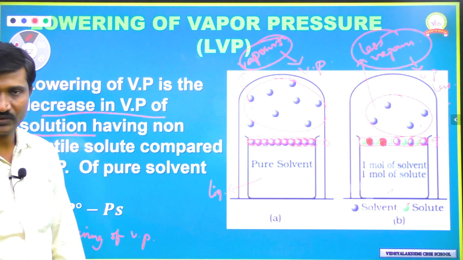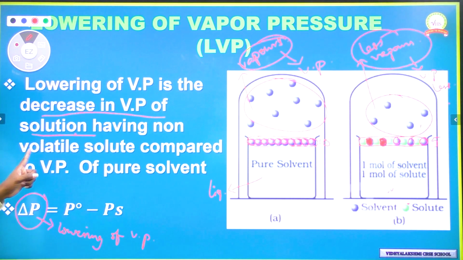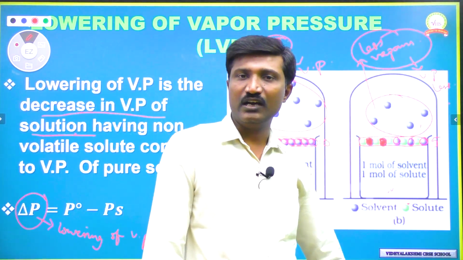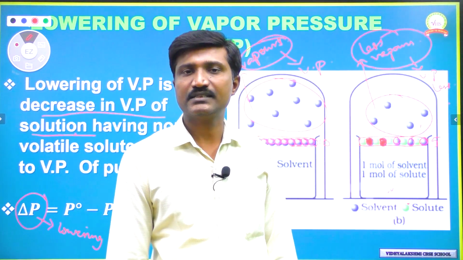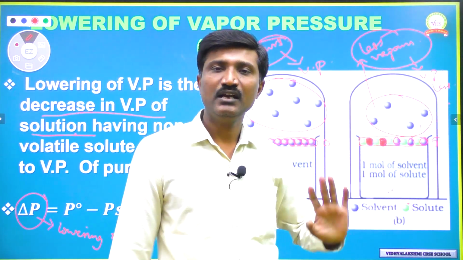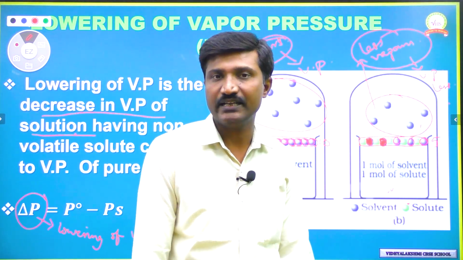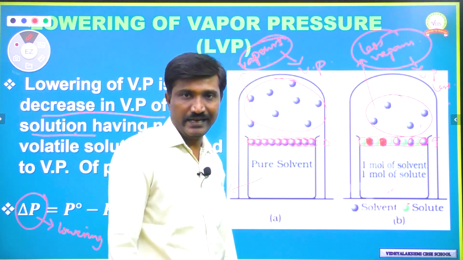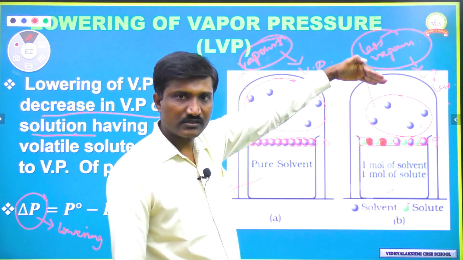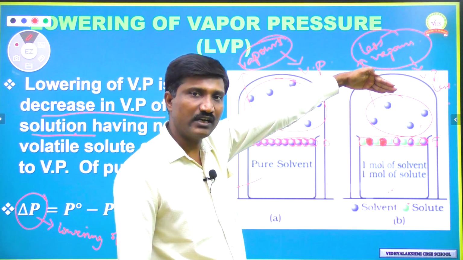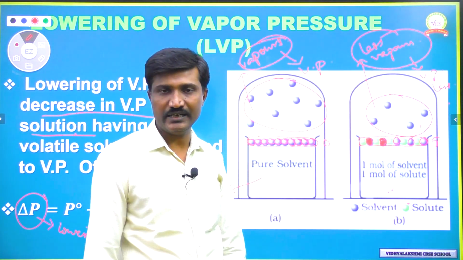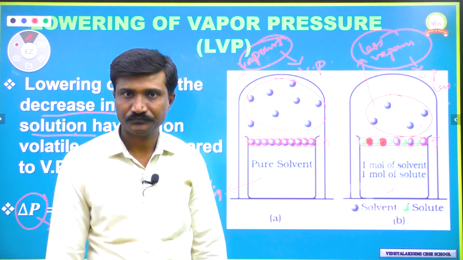And what is the condition? The solute should be non-volatile. Only when we add a non-volatile solute does the vapor pressure decrease. If you add a volatile solute, then the solvent shows some vapors and the solute also shows vapors, so the vapor pressure increases further, it does not decrease.